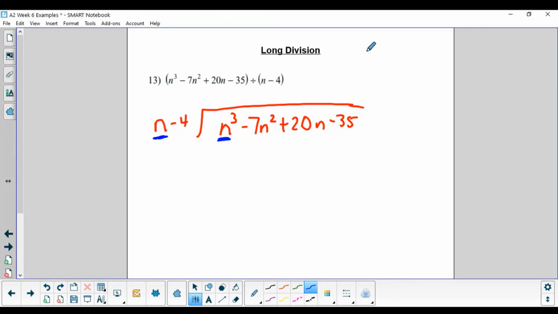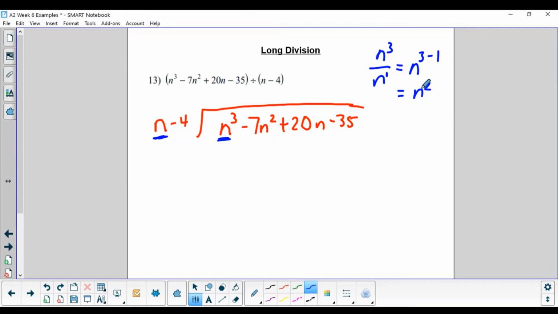The easiest way to do this is, let's divide n cubed by the n out front. So n cubed divided by n. Remember, when you're dividing and you have the same base, that means you should subtract the exponents. So remember, this would have an exponent of 1 on it. So n to the 3 minus 1, that's n squared.